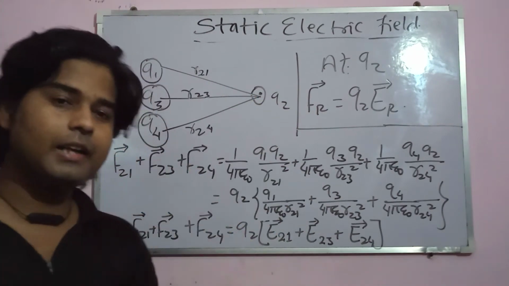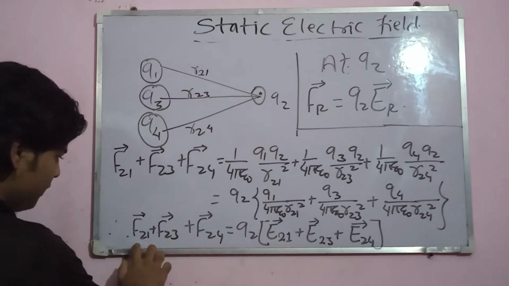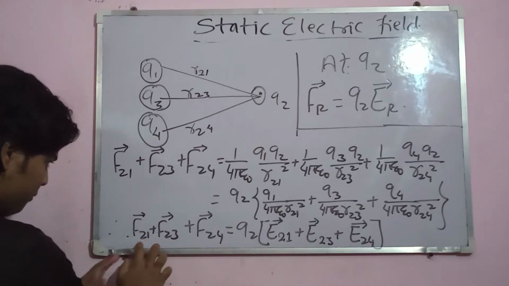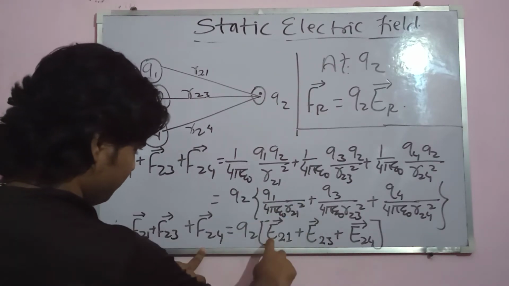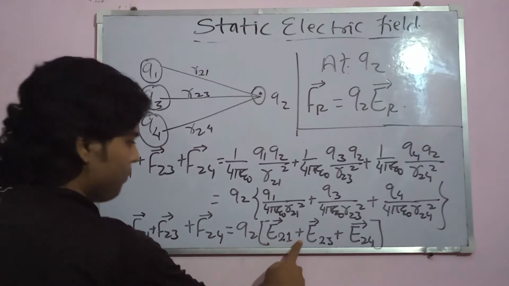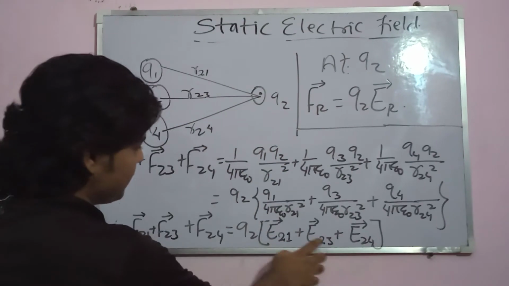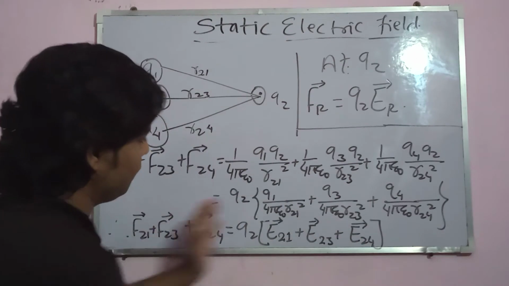Finally, I have written F21 plus F23 plus F24 is equal to Q2 times the electric field at the second charge by charge 1, plus the electric field at the second charge by charge 3, plus the electric field by charge 4.